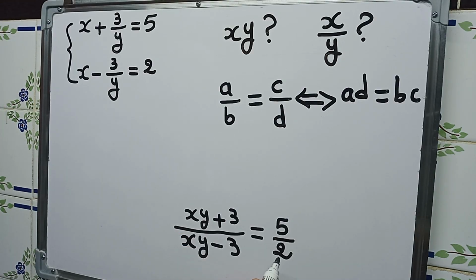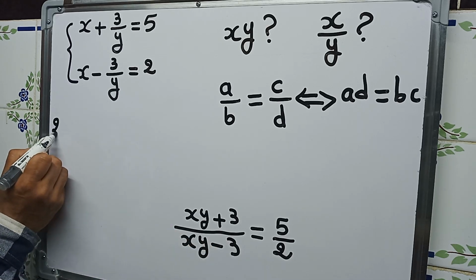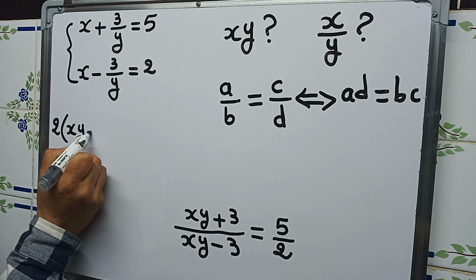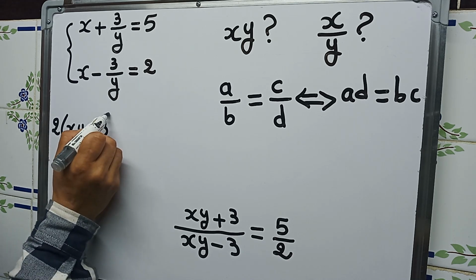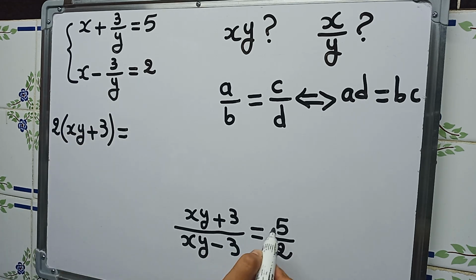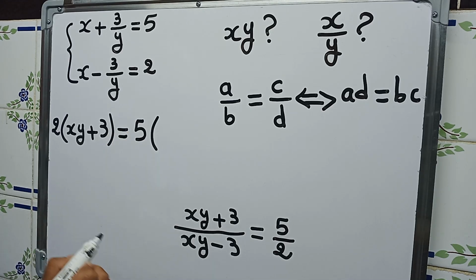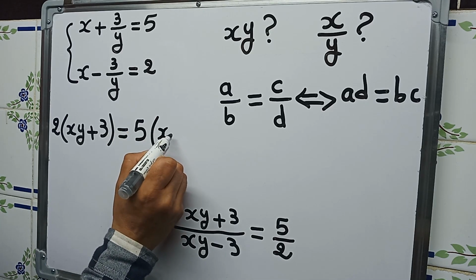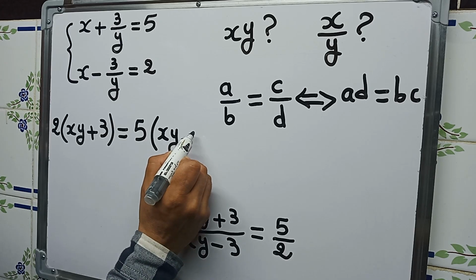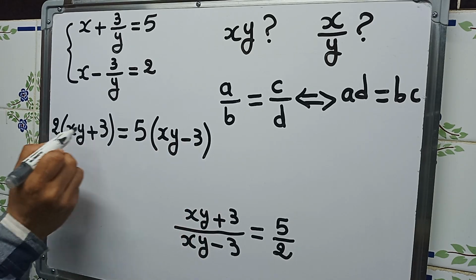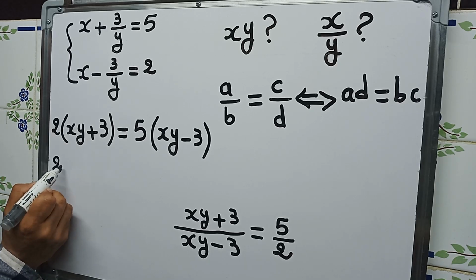So from here we will have 2 times xy plus 3 is equal to 5 times xy minus 3.